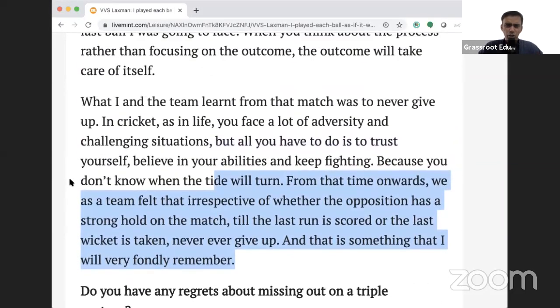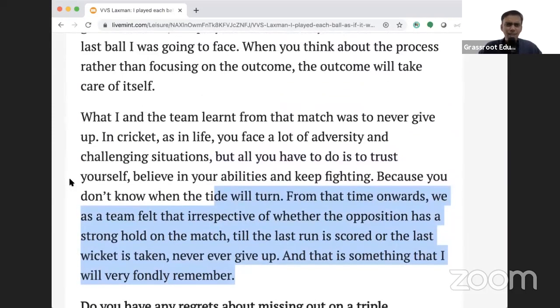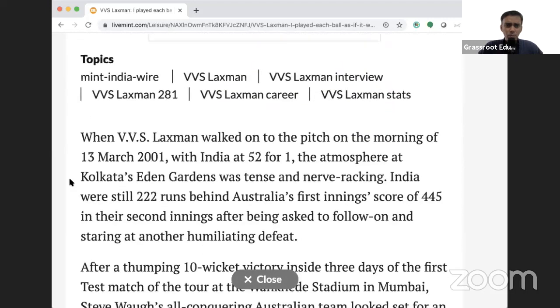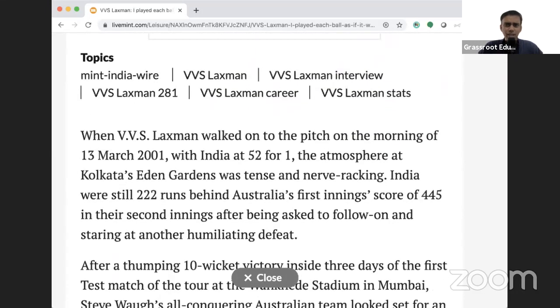Let's see what's going on. Let's go into this one more time in detail. Let's go back to the top and first finish the first one. When VVS Laxman walked onto the pitch on the morning of the match, the atmosphere, the situation there, at Eden Gardens was tense.